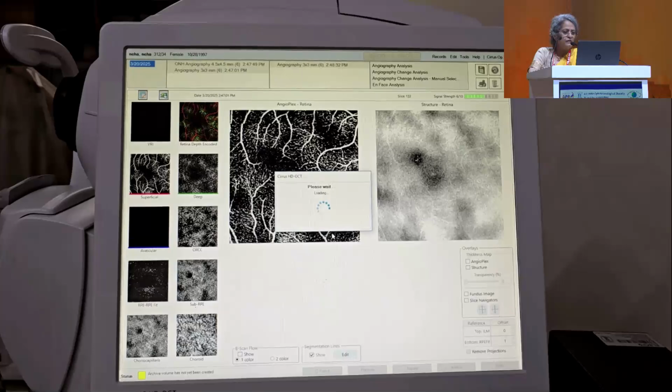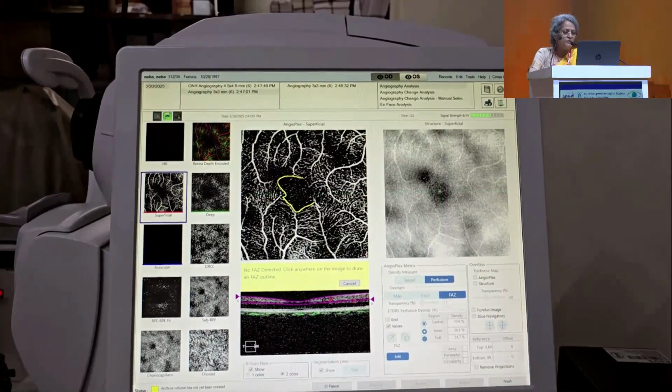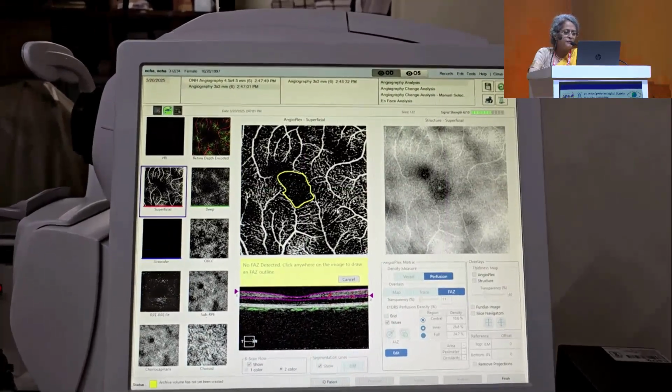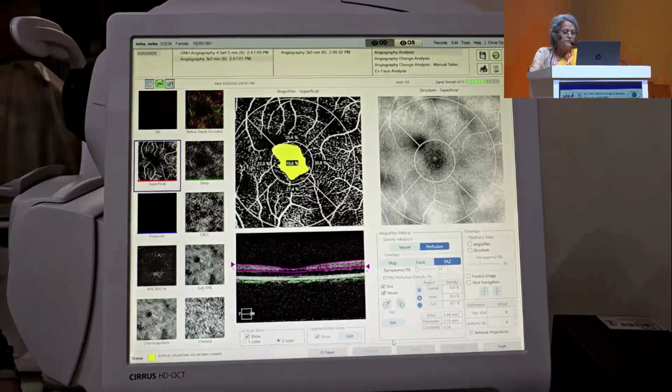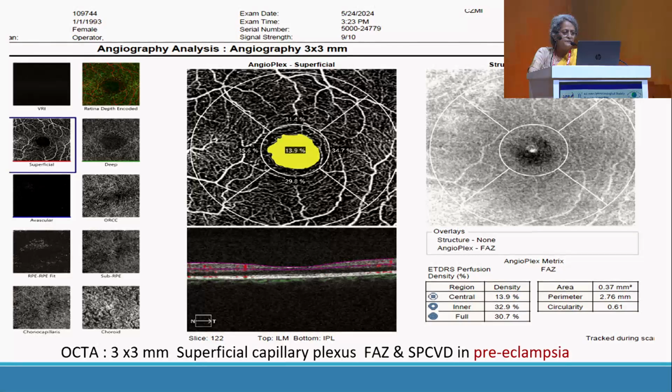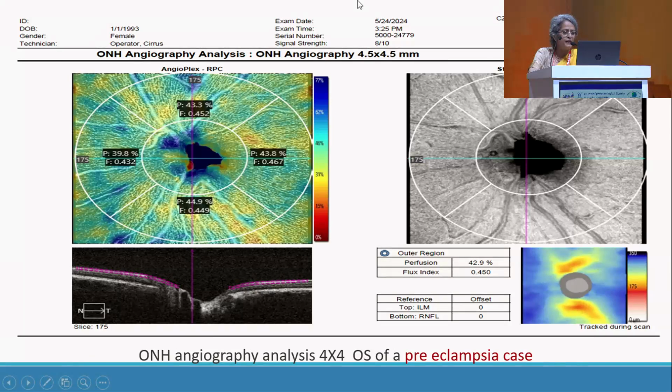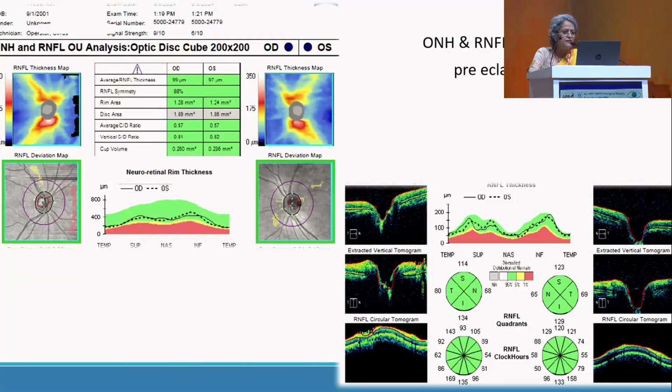So this is a virtually non-edited video of how the foveal avascular zone and the other areas were measured by the OCTA. So this is one of the cases where the superficial capillary plexus in preeclampsia was measured, and this is another one for the peripapillary nerve vessel density. And as I said, the retinal nerve fibers were similar.